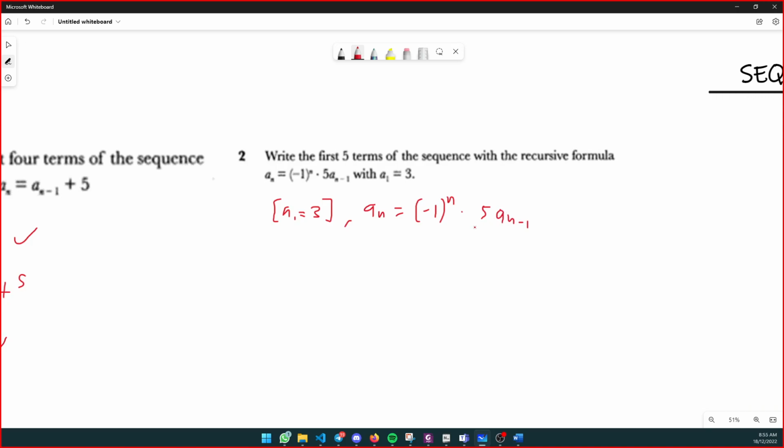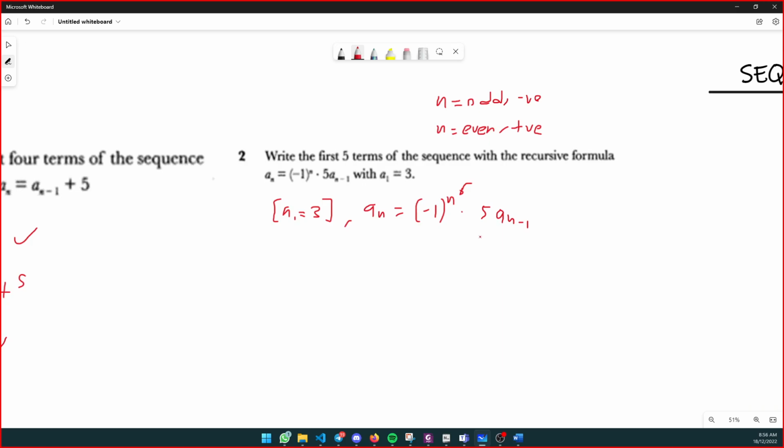For this one, what they're trying to do is for all odd values of n, the value will be negative. For values of n that are even, the value will be positive. That's all this notation means. The thing in the back here is 5 times an minus 1, which is normal.